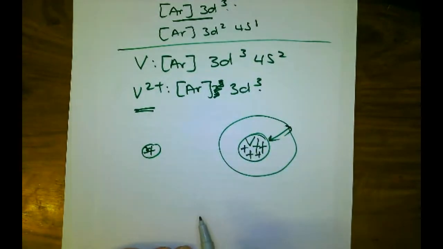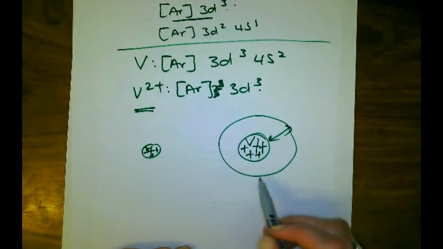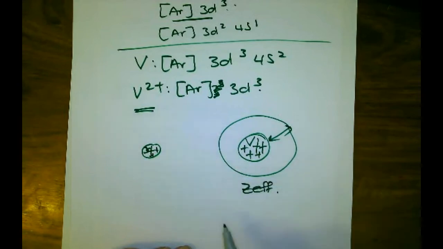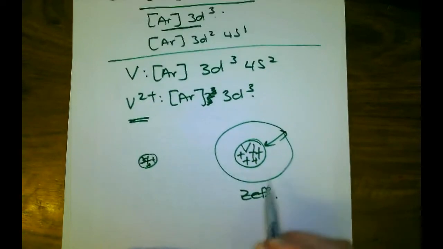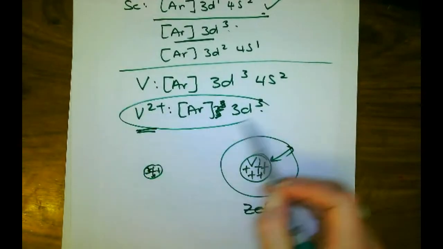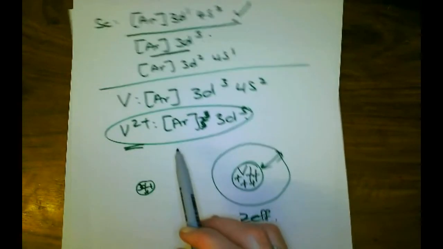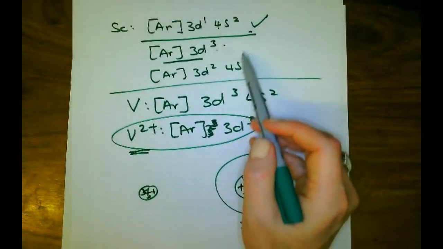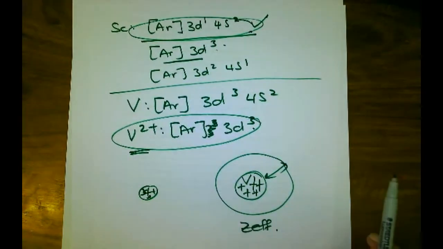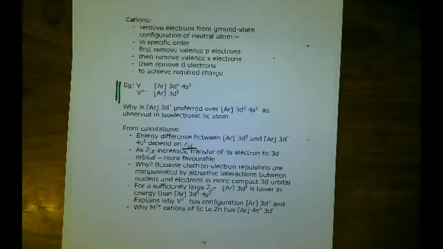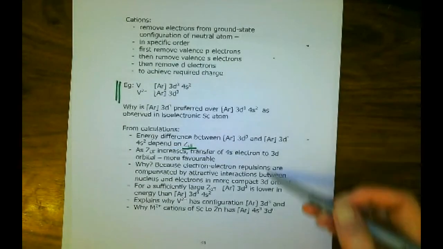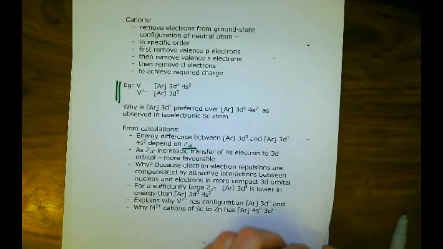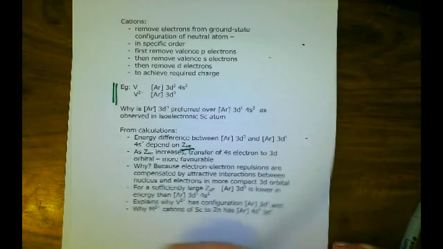This is a much more positive nucleus than that of scandium because of the nuclear charge. So you should also be able to explain why this happens for vanadium and it doesn't happen for scandium. These exceptions are important. So please go through the details in your own time so that you are able to explain this.